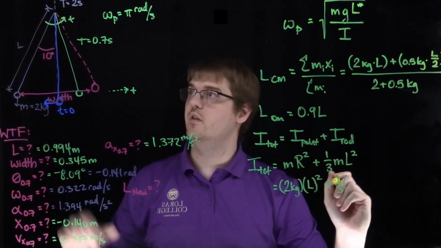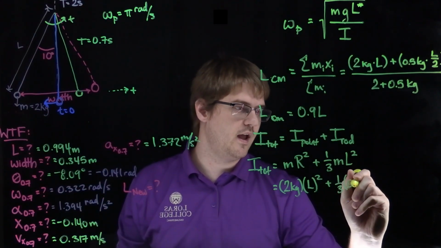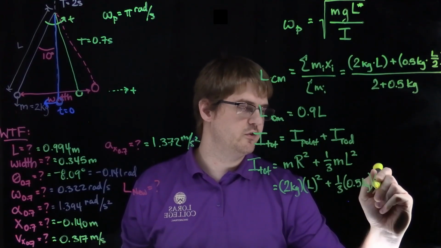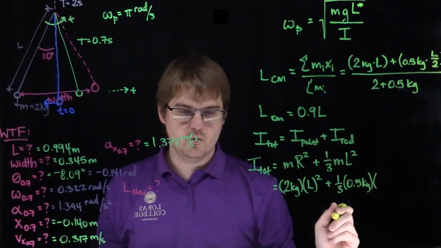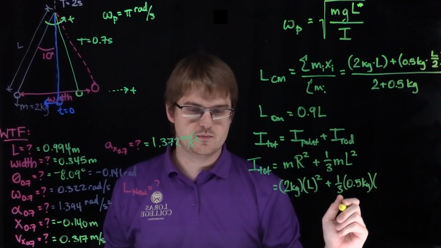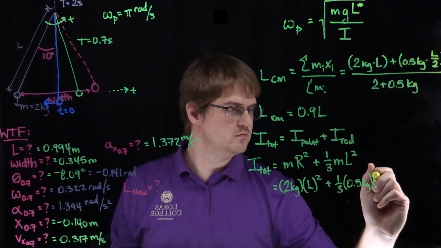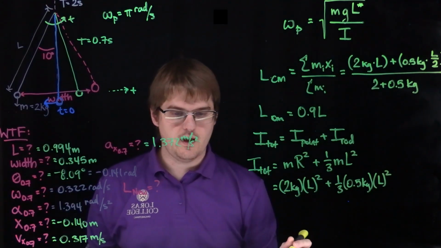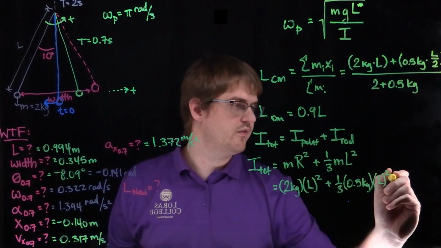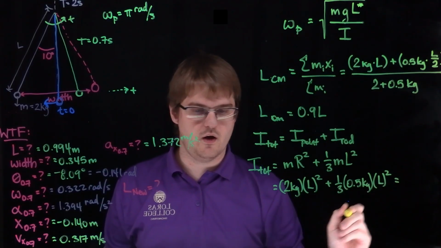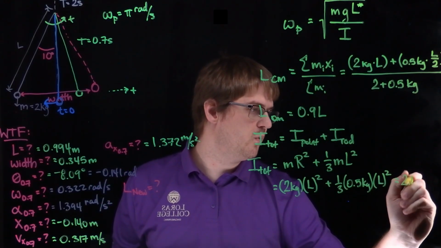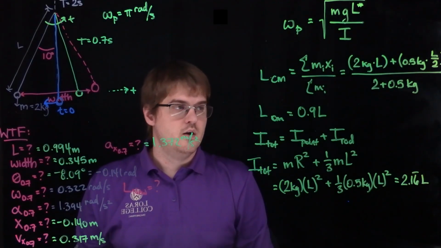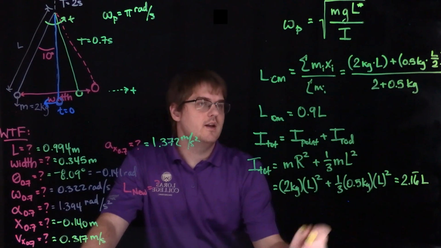The mass of the overall rod is 1/2 kilogram times our L, which is just L, times L squared. And that whole thing simplifies out to a value of 2.16 repeated times L. Okay, so we're trying to solve for this L.